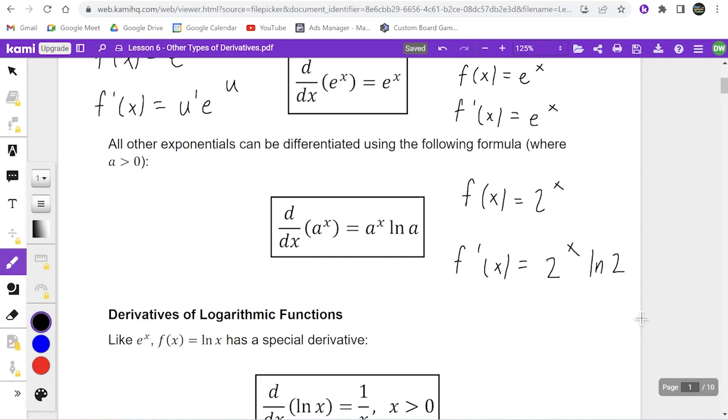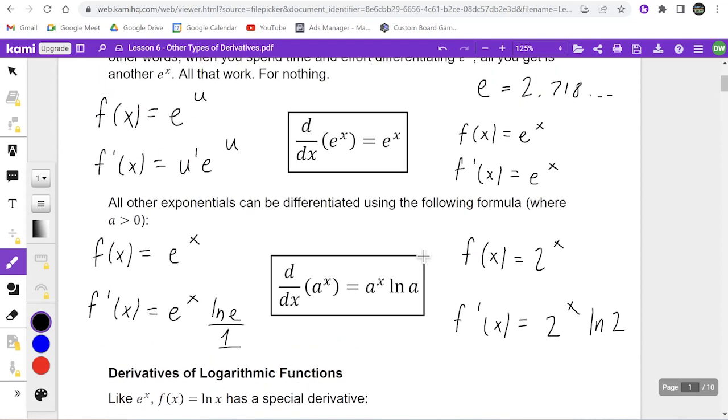Now, technically, that natural log is there for e to the x as well, but the reason why it doesn't matter is because if you have f of x equals e to the x and you want the derivative, it would be e to the x times the natural log of e, and you plug in natural log of e in your calculator, and you'll just get 1, so you don't actually need it. But this is the generic formula in case you have anything as a base 2, base 5, base pi, base anything except e. You multiply by the natural log.